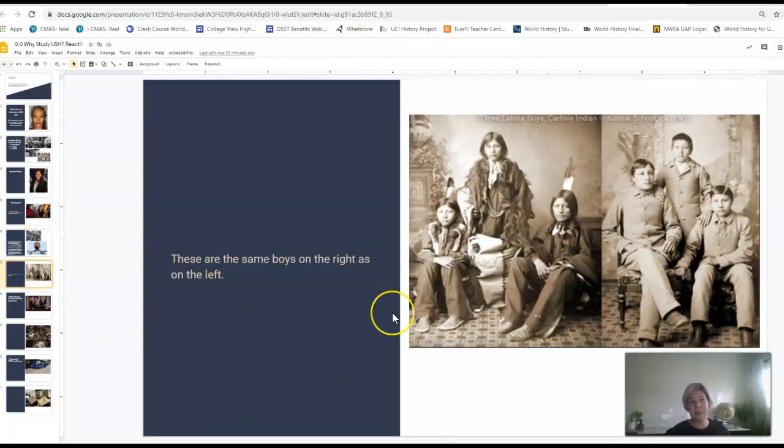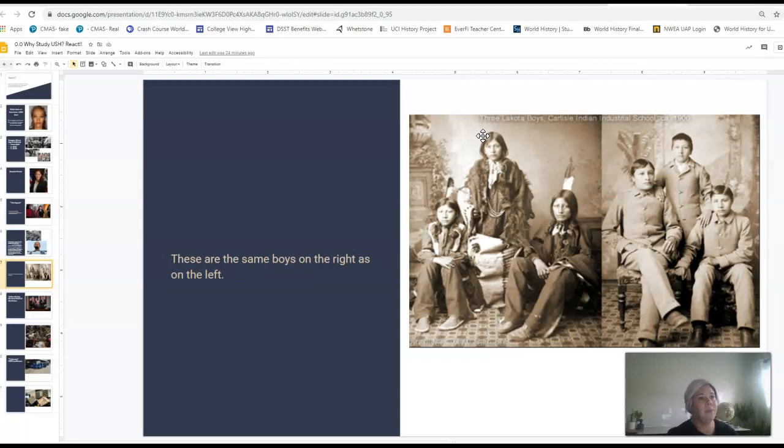All right, the next one. This is a trio of boys that are the exact same. These here on the left, and here they are on the right. So if you see up here at the top, these are 3 Lakota boys, Carlisle Indian Industrial School, circa 1900. The Lakota tribe is a Plains Native American tribe, the Lakota Sioux.